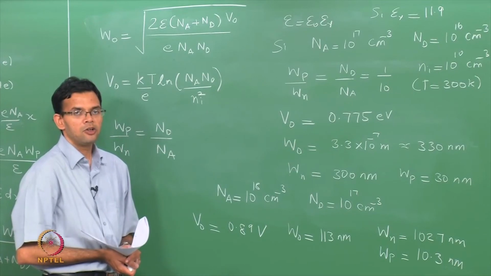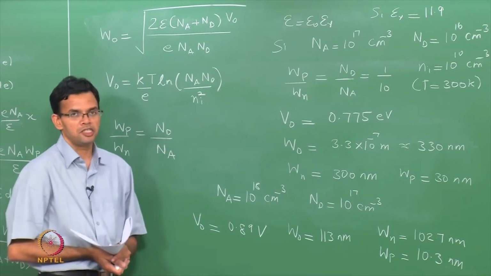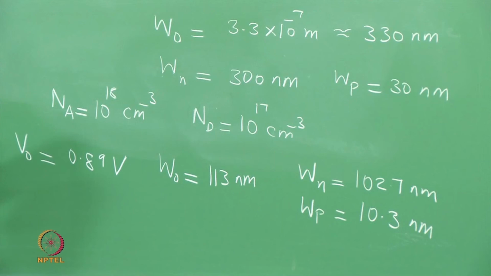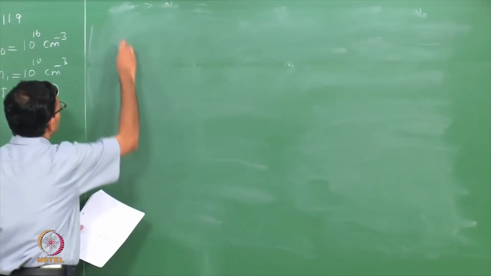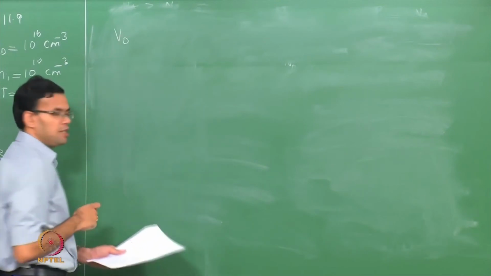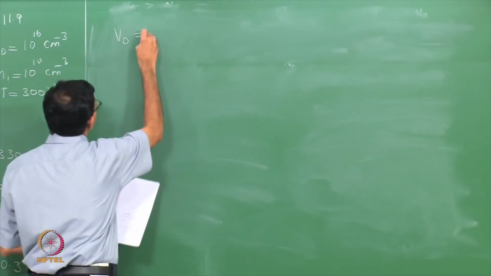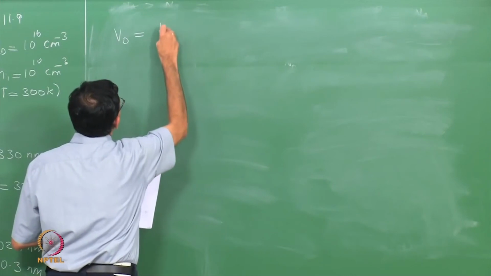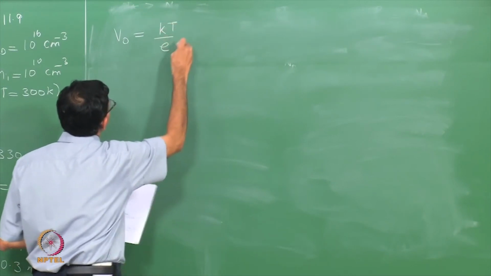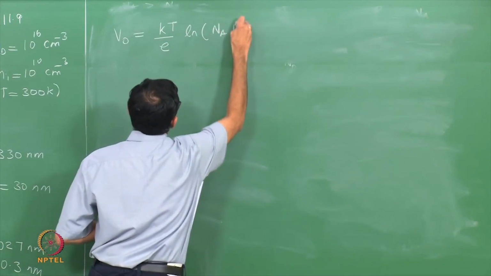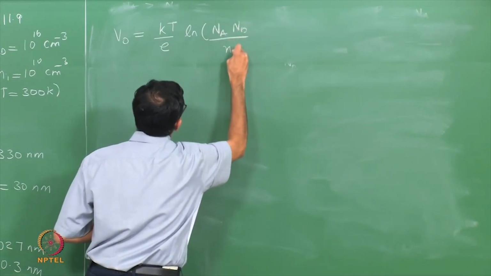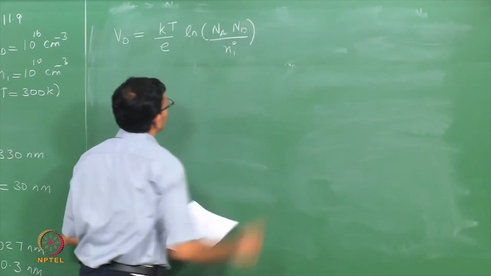Now, let us look at what happens if we change the material. What we want to know is how the contact potential changes when we change the material. Now, V naught is related to kT over e ln of Na Nd over Ni square.